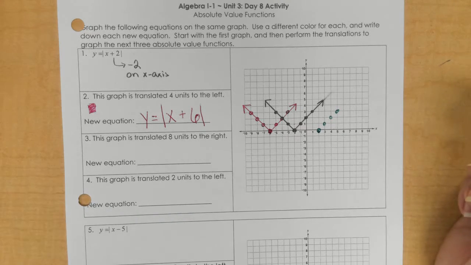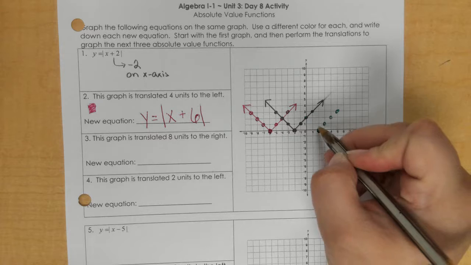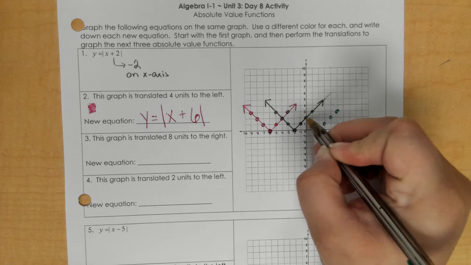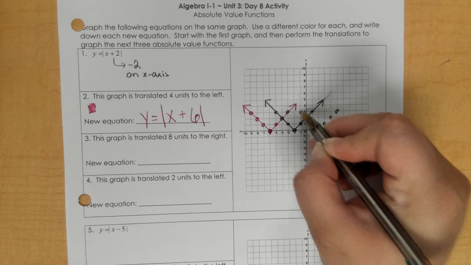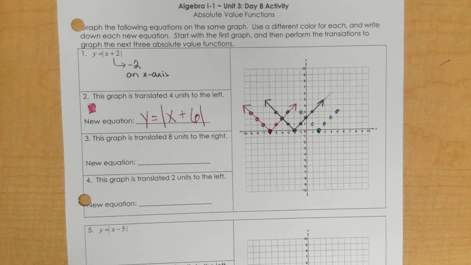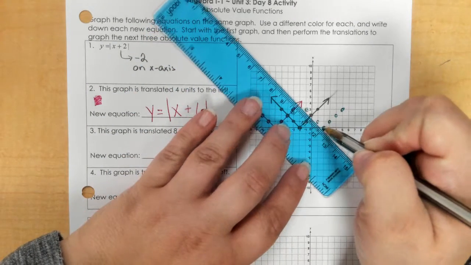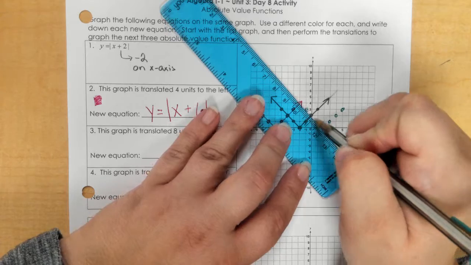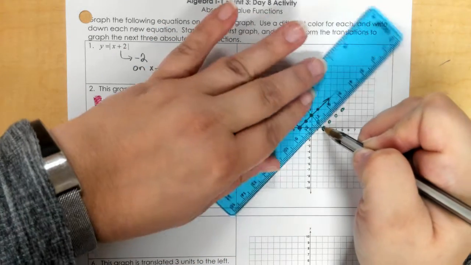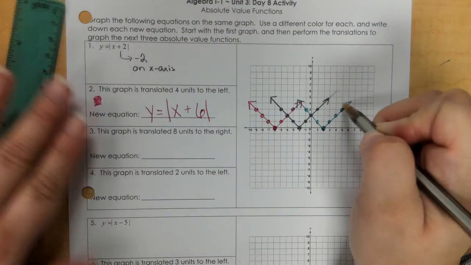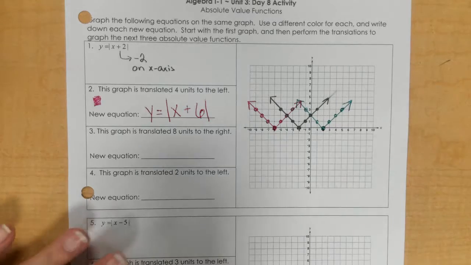Then I want to go up 1, left 1, and do that 3 times. And then draw your V. And we have to write that equation.